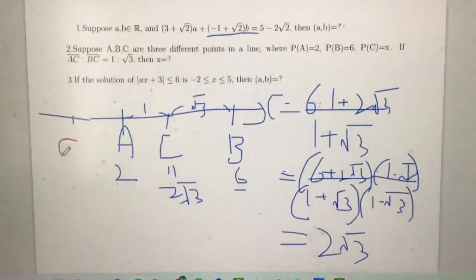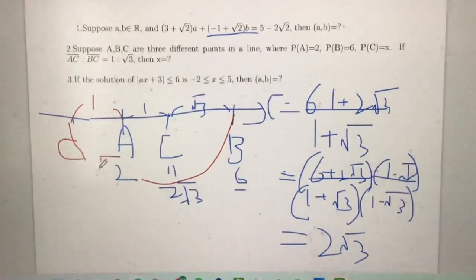Like C is here, and AC and BC is 1 and square root 3. Right? So also we can use the section formula. So the denominator will be square root 3 minus 1.